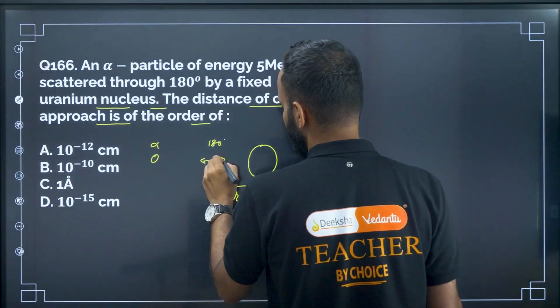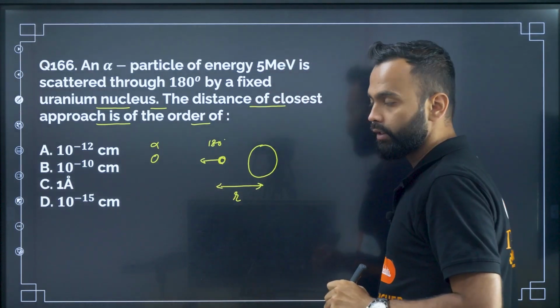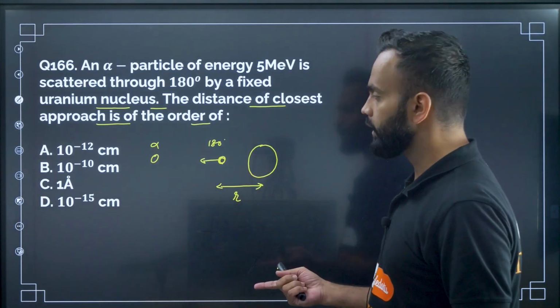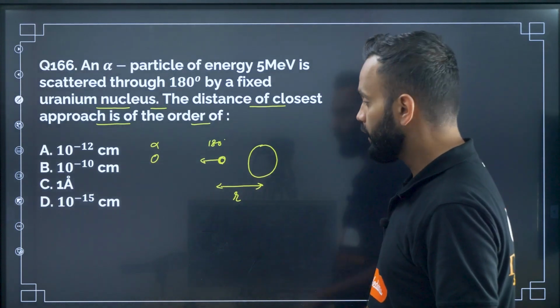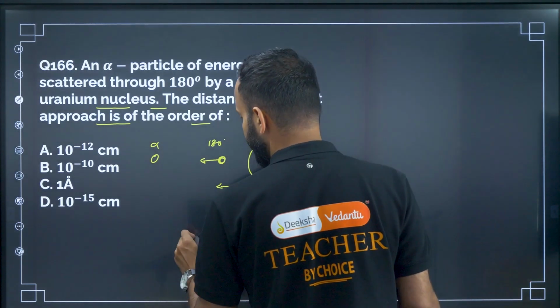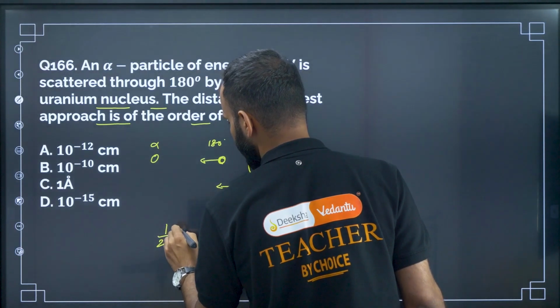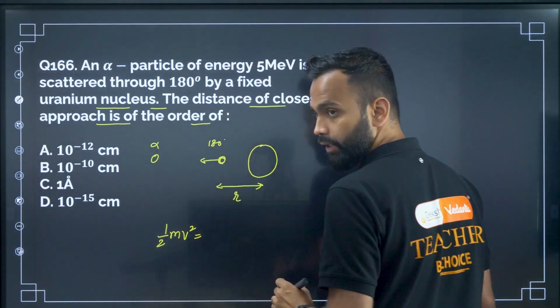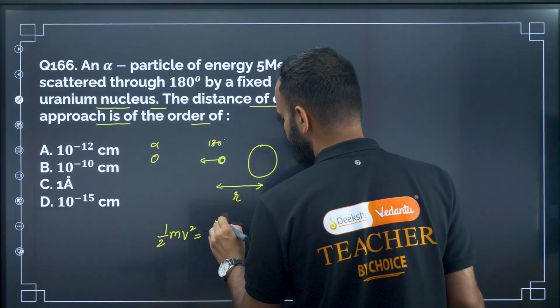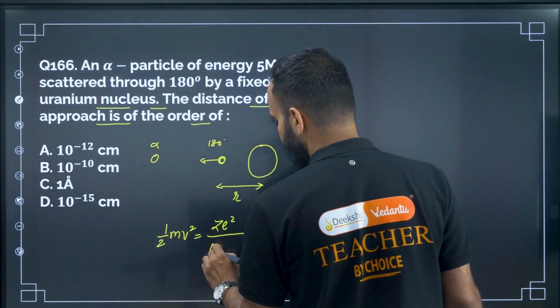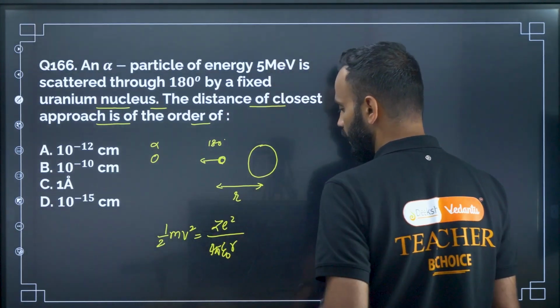Here at the distance of closest approach, the kinetic energy of the alpha particle converts into potential energy. So now the kinetic energy is equal to half mv square, which is equal to potential energy. Potential energy is Zе square divided by 4 pi epsilon naught into r.